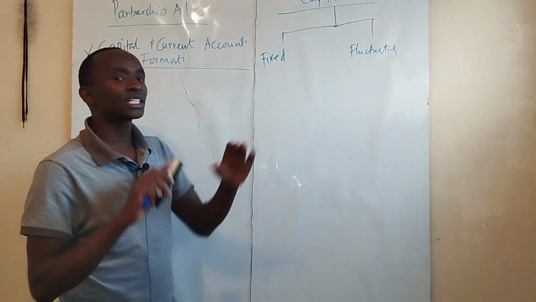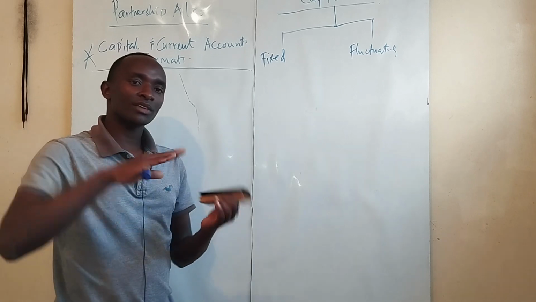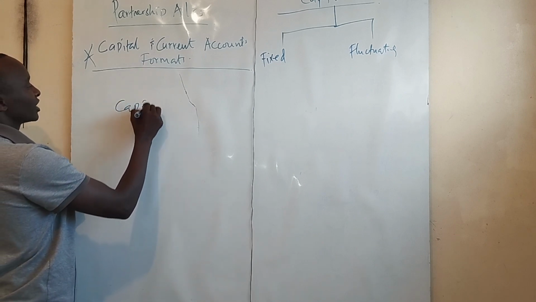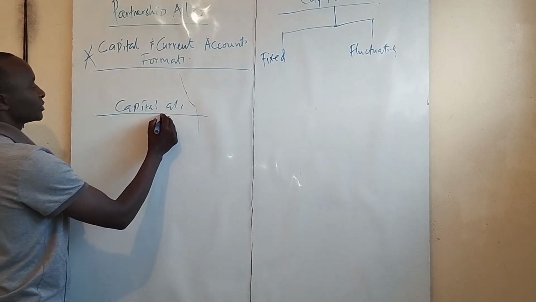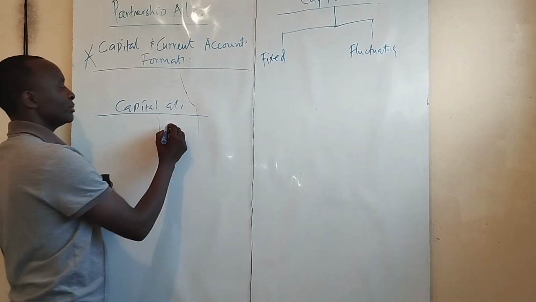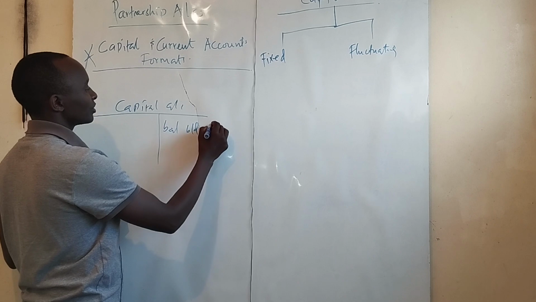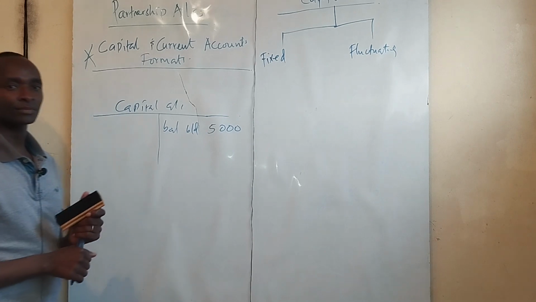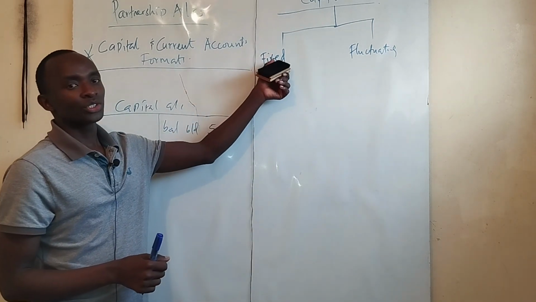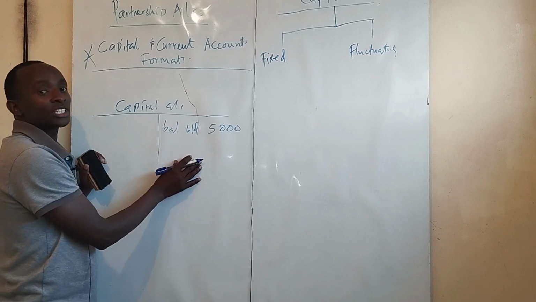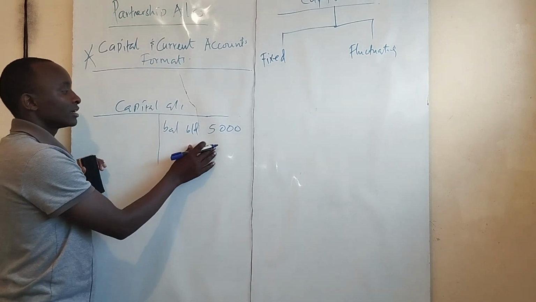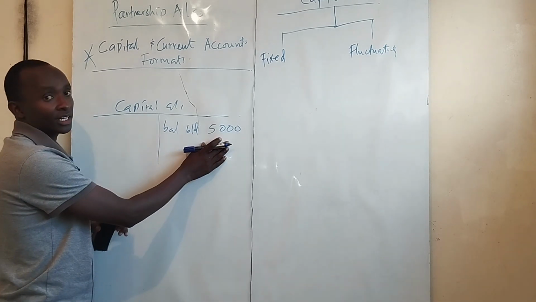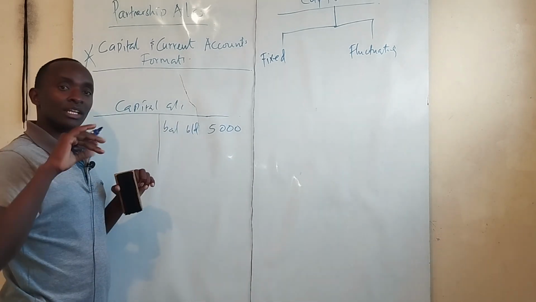If something is fixed, it means it doesn't change. There is no fluctuation, right? So if you say this is our capital account, and then maybe you have the balance brought down of maybe 500 or 5,000 as such, a fixed capital account will mean that this capital account will not change irrespective of any changes, except when there is an additional capital that is going to be added, or if there is an amendment of the partnership deed.